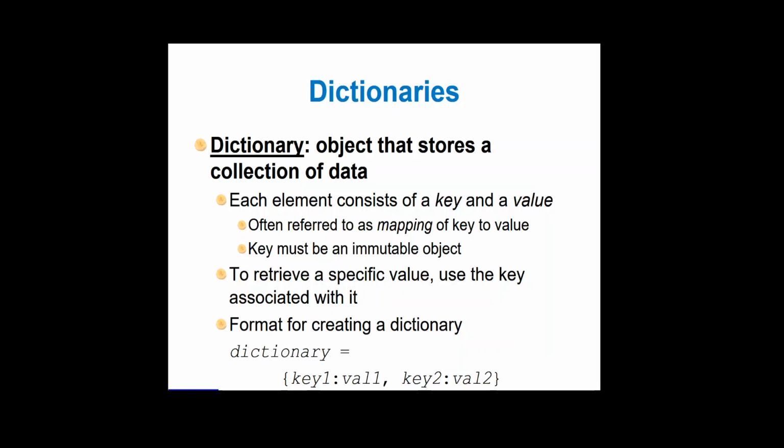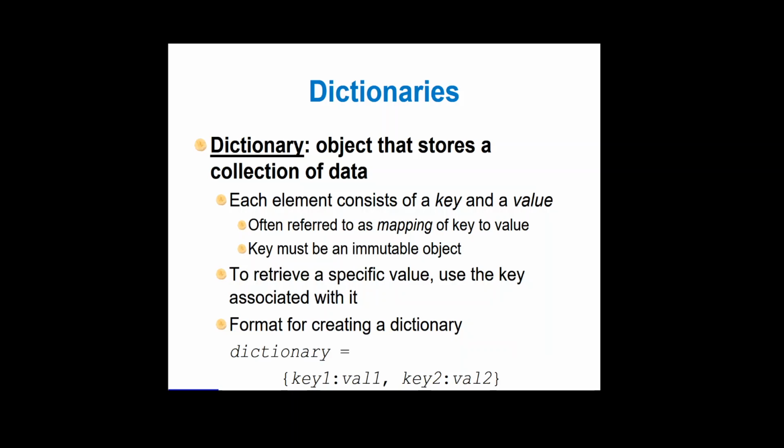We have two connected elements or two connected components in this dictionary. The first one is the key, and this key must be of an immutable object type. That means it could be of any type that is immutable. You remember the immutable types of data that we took.